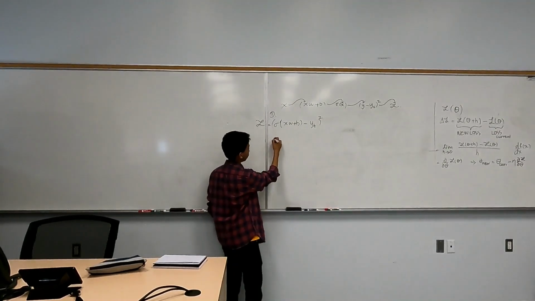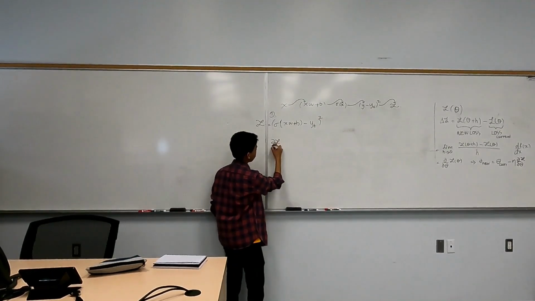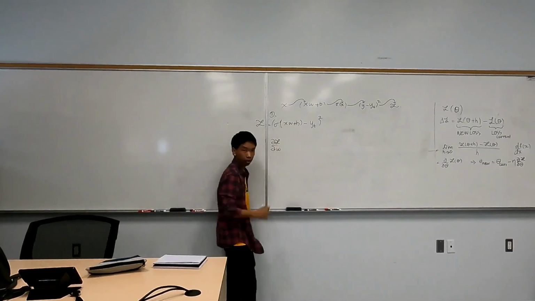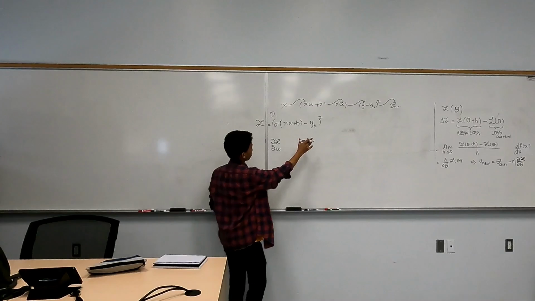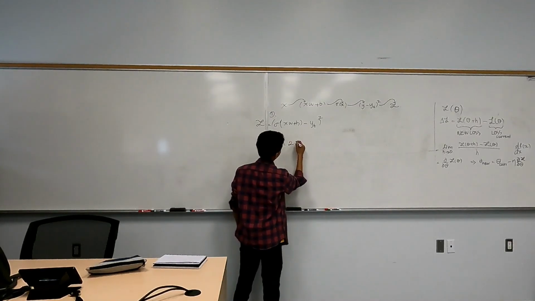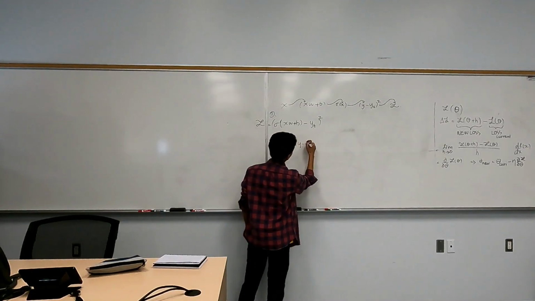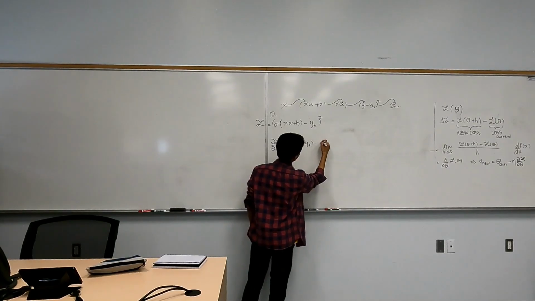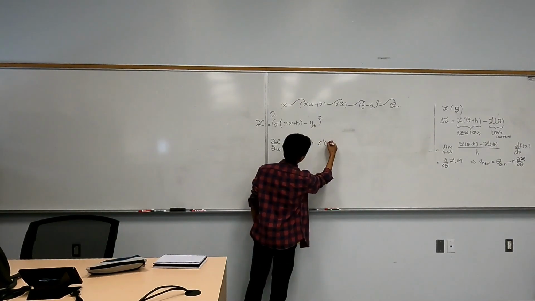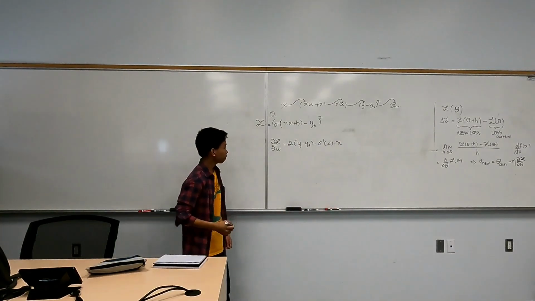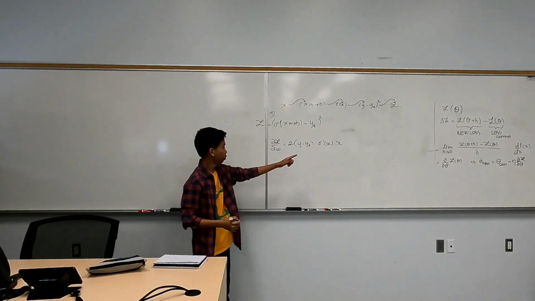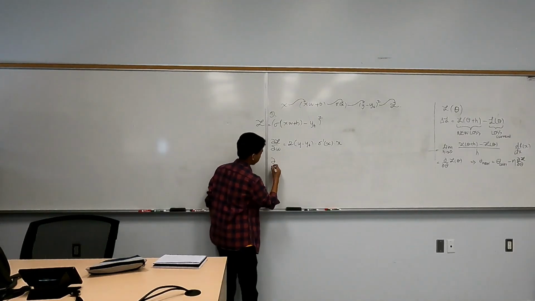So the first thing is the partial derivative of loss with respect to weight. I'm not going to explain derivatives, so I'm just going to do this. It's equal to 2, and it follows some rule. I'm going to do the same thing for bias.